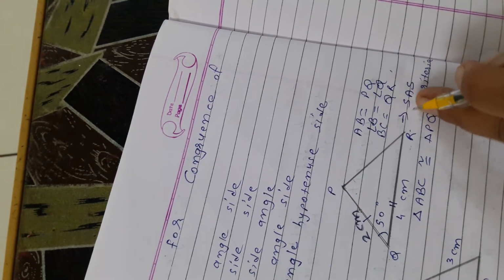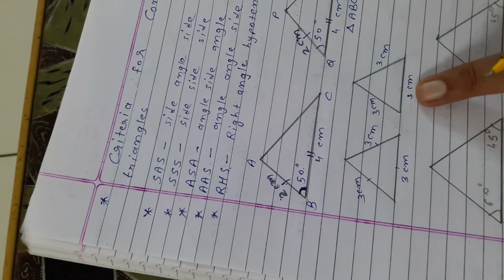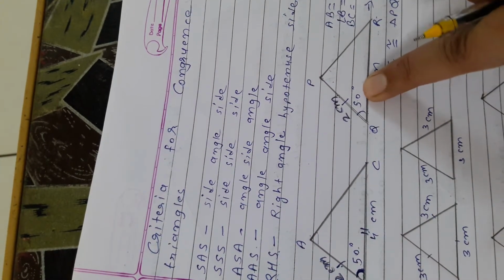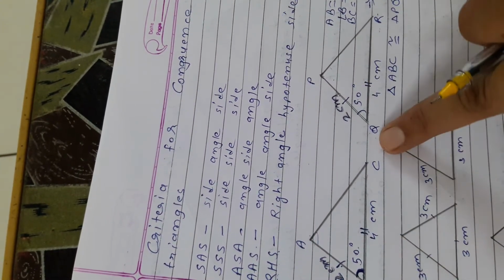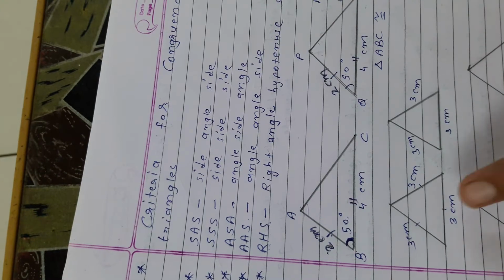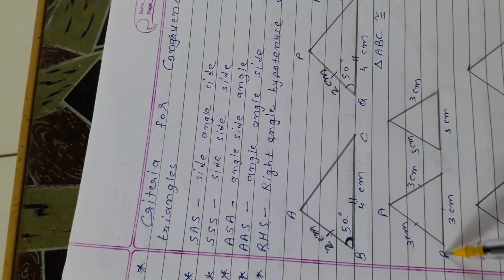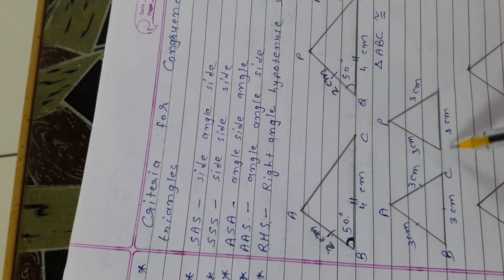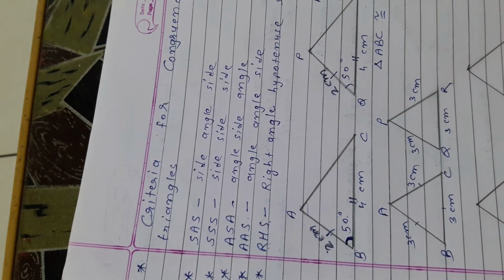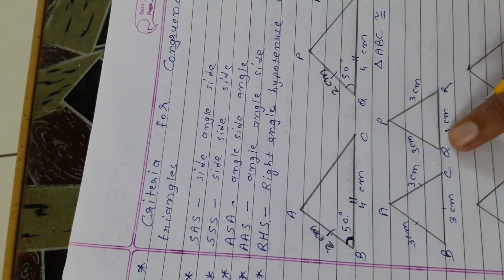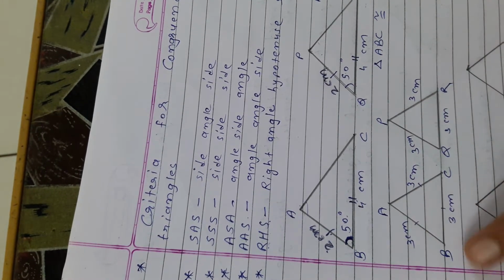PQR by SAS criteria. Now here in both the triangles, I have drawn the rough figure. I have not taken the measure. Suppose this triangle is ABC and this triangle is PQR. Now here AB and PQ are 3 centimeter.